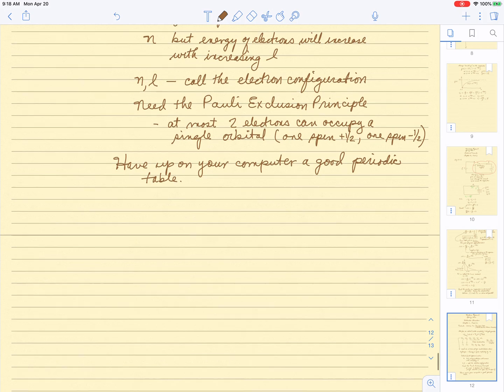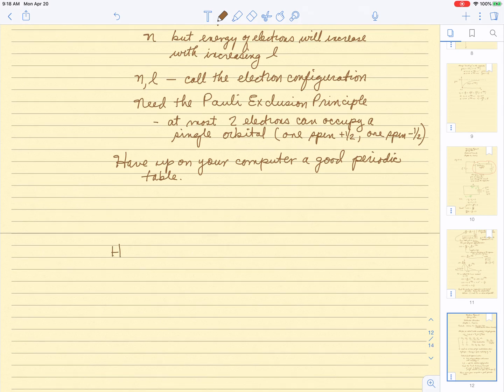So if we look at hydrogen, which is Z equal to 1, we know the electron will occupy the ground state, which is an S orbital.